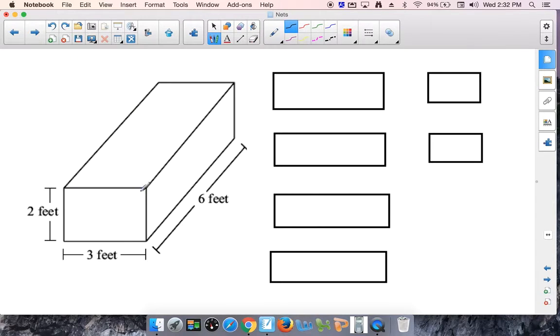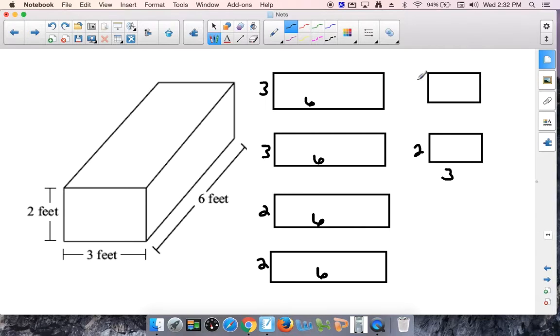So the top is a 3 by 6. So that would be the bottom is a 3 by 6. The side here is a 6 by 2, which means the left side is a 6 by 2. And the fronts are a 2 by 3.